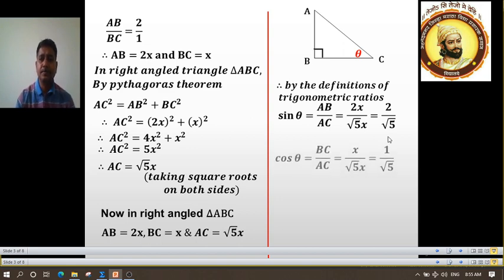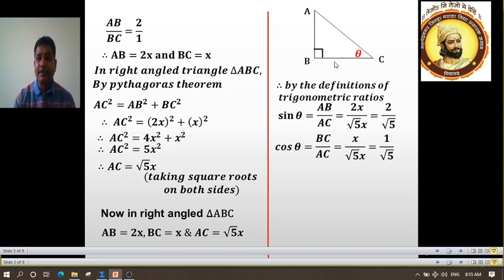Then cos theta. What is meant by cos theta? Cosine ratio, adjacent side divided by hypotenuse. Adjacent side is BC upon hypotenuse AC. So BC upon AC. BC is x and AC is root 5 x. So x cancelled, we get 1 upon root 5. So cos theta is equal to 1 upon root 5.